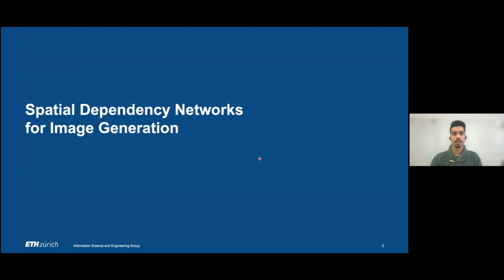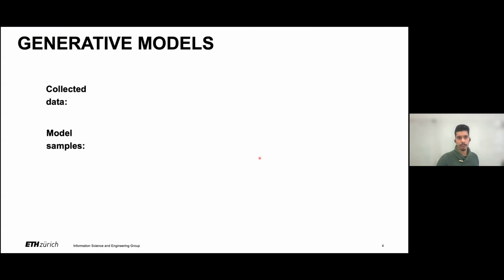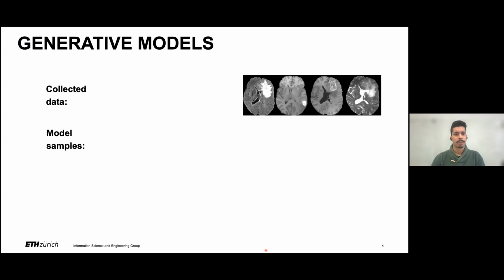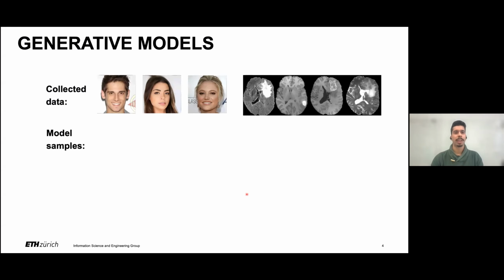So first of all, spatial dependency networks for image generation. I'm going to start with generative models. What are generative models? And I want to start by setting up the following setting. So we are given collected data, which can be celebrity images, or in this case, also MRI scans of the brain, in this case with a few tumors.